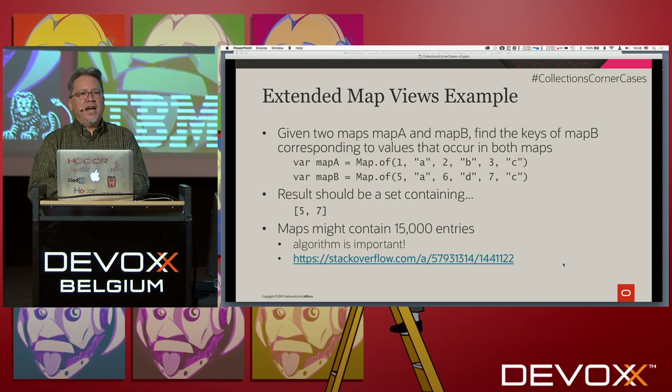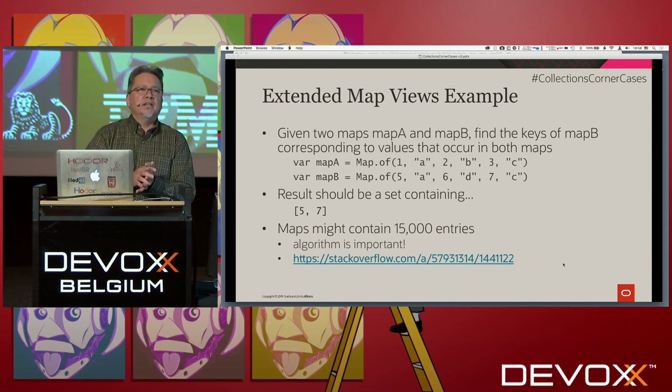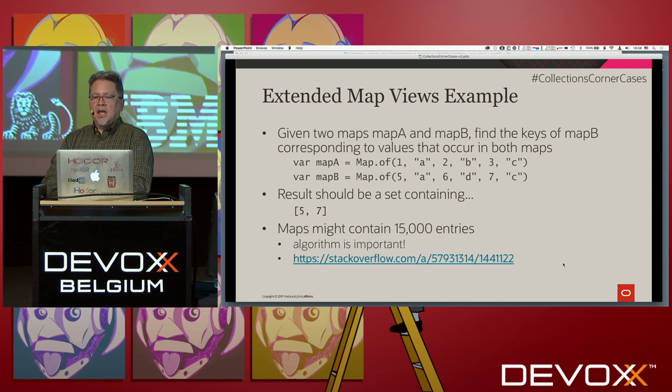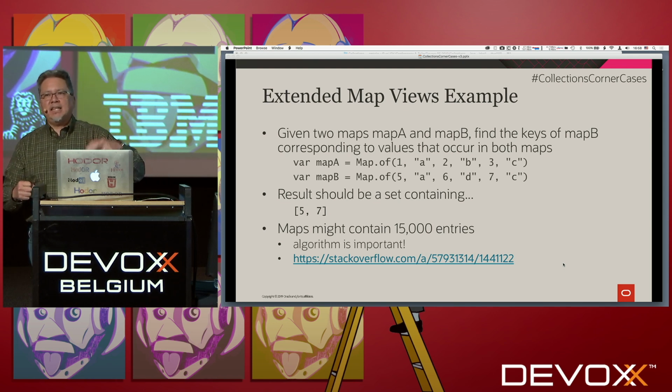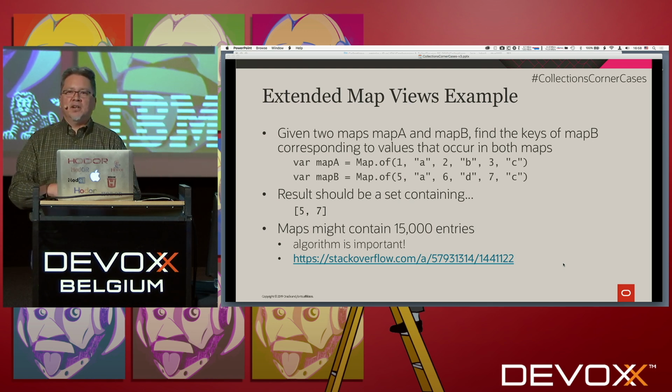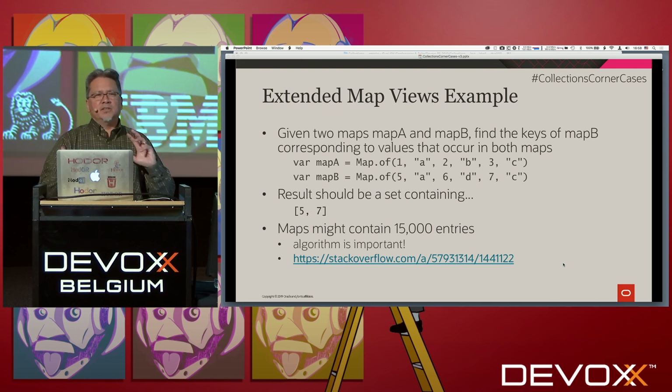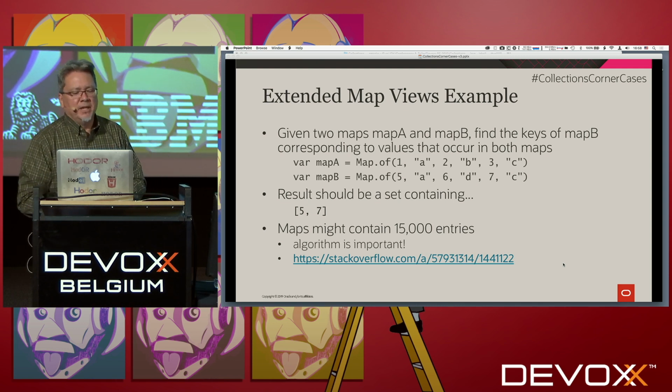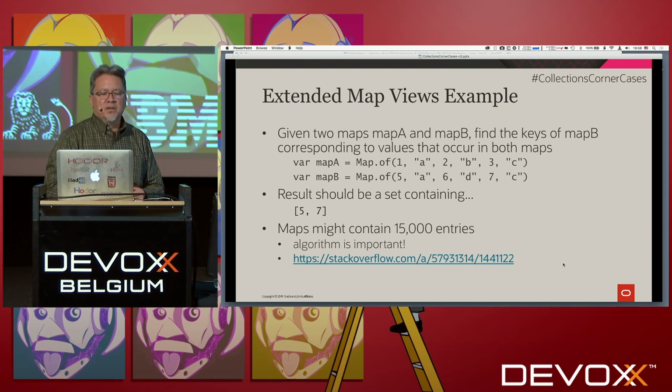But the task is to find the values that the maps have in common, and then get the keys from map B that correspond to the values that they have in common. That's a little bit backwards because you're working backwards from values to keys. Maybe there's a way this person could have rearranged the data structures, and maybe there isn't. But this was the problem the person had.